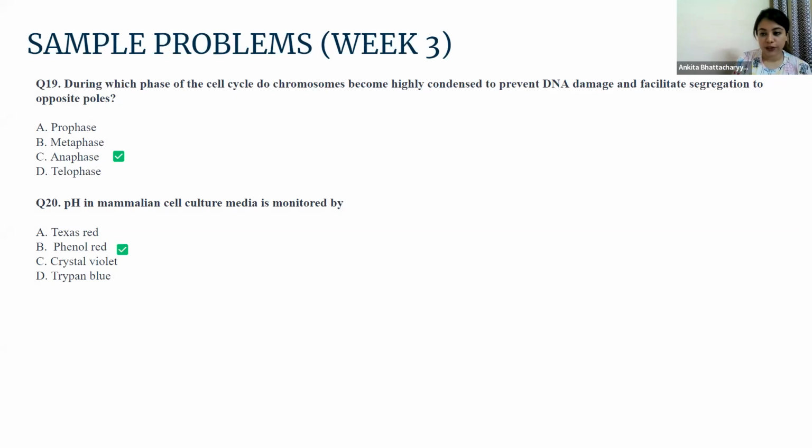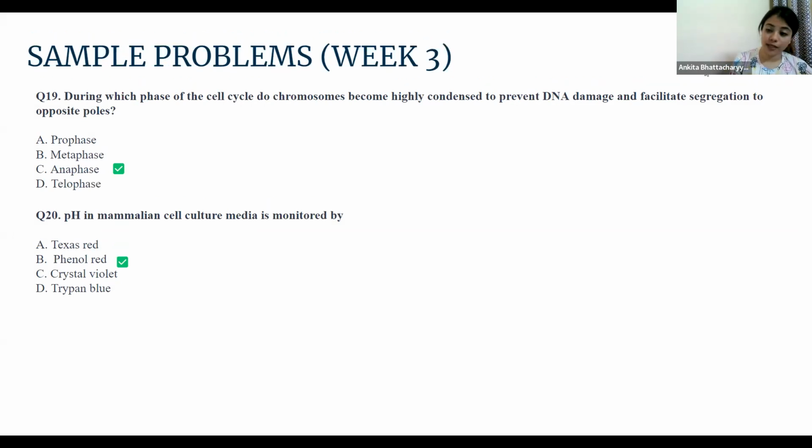For mammalian cells to survive, pH is a very important criterion, and it is also essential to make sure there is an adequate supply of nutrients, because cells need to be replenished periodically with fresh media containing all of those nutrients and growth factors. The pH indicator most commonly used for mammalian cell culture media like RPMI, DMEM, etc., is phenol red. So you've answered correctly.